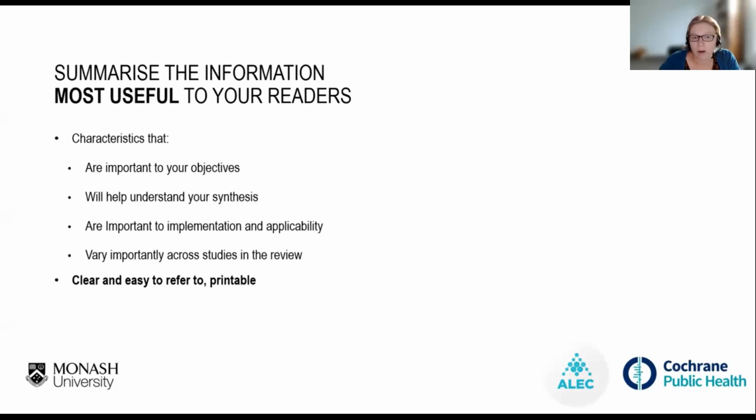You might have a review with a very wide variety of study designs it's important to clarify. You might have some particular characteristics that will really help people understand what's applicable to them. So it might be the setting in which the studies were conducted, you know, high versus low income countries, urban versus rural settings, for example. You will know best what's going to be the most important characteristics for your review.